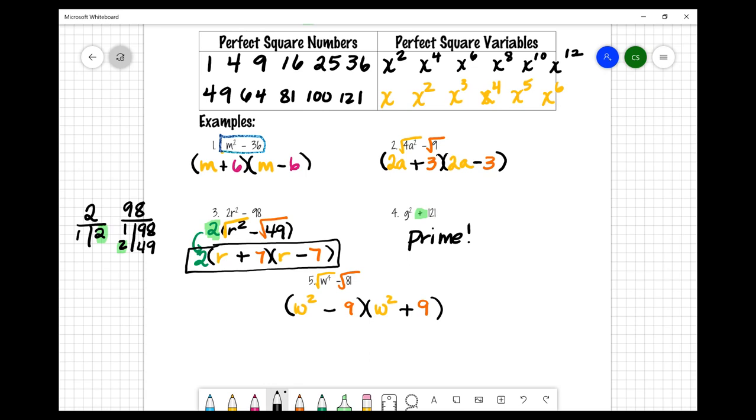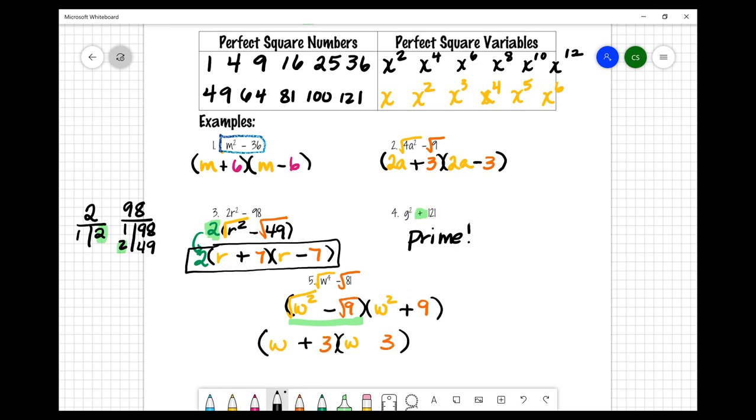But if I notice, I have another difference of squares. Because it's a binomial, it has a subtraction sign, and both of my terms are perfect squares. So I need to do this again. Take the square root of w squared, and I get w. Take the square root of 9, and I get 3.